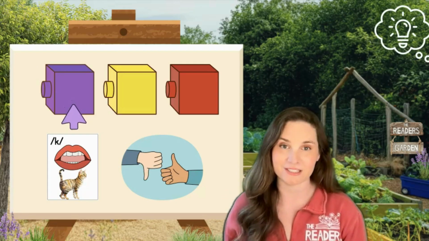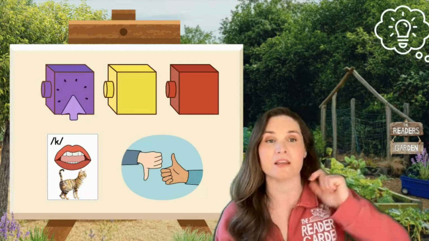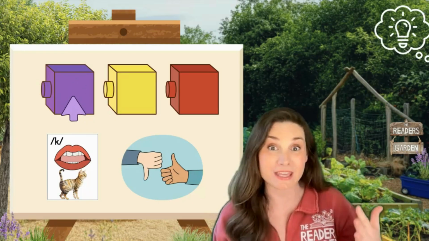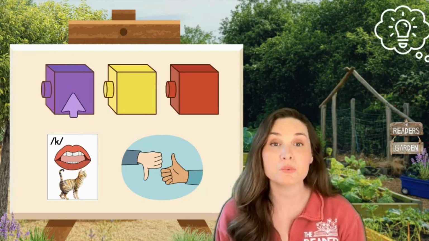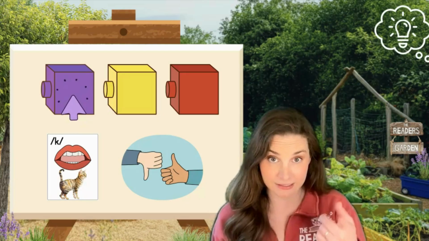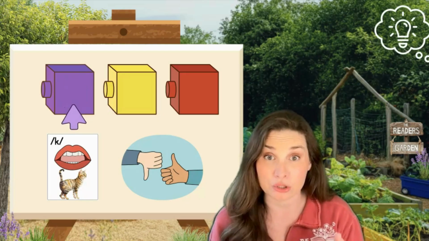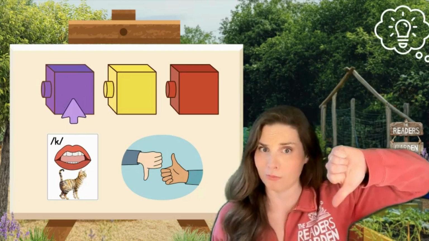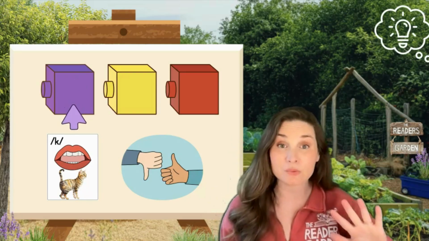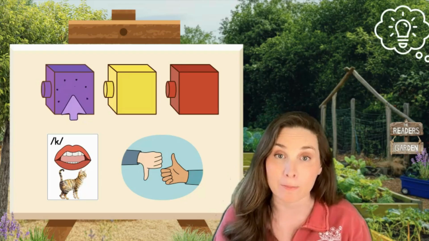All right, my sound detectives, give me a thumbs up if you hear the hard C sound, that /k/, in the beginning of this word. The first word is same. Say same. Do you hear /k/? Nope, me neither. Okay, the next word is the word cab.